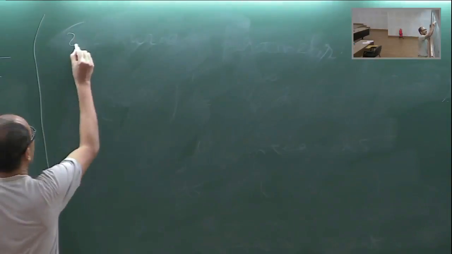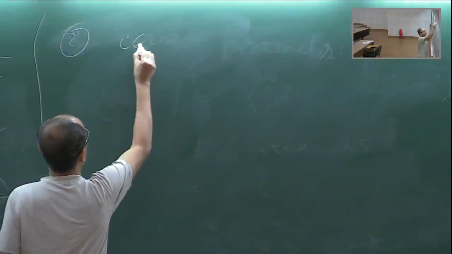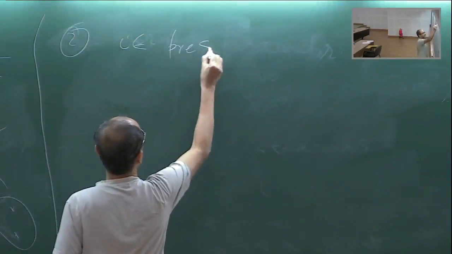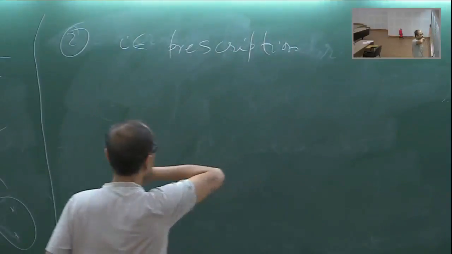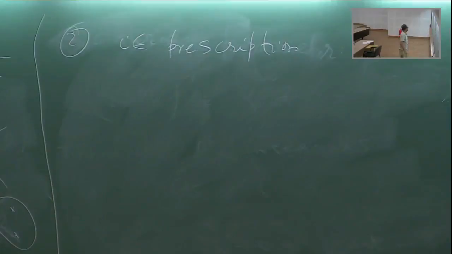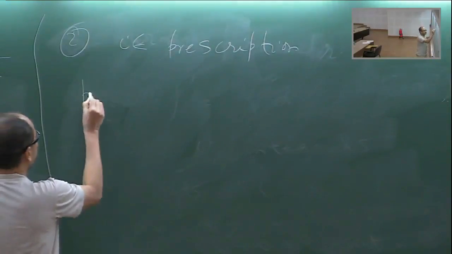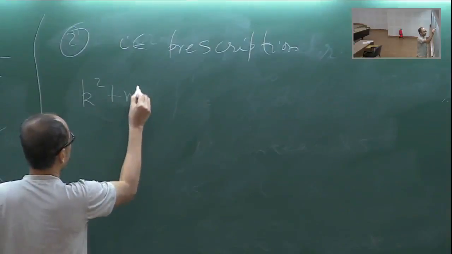So the second remedy in quantum field theory, the i epsilon prescription, is to change this equation and write it in the following way.